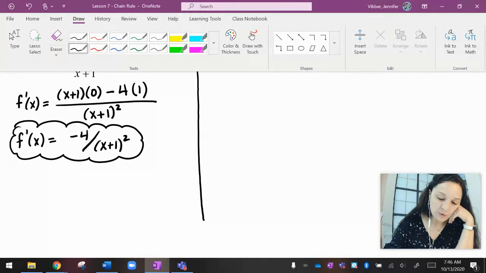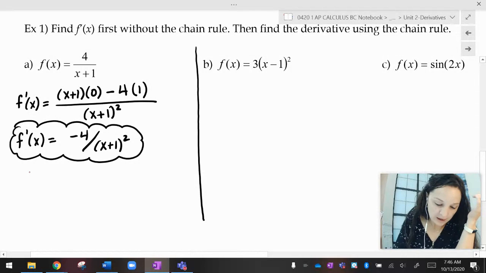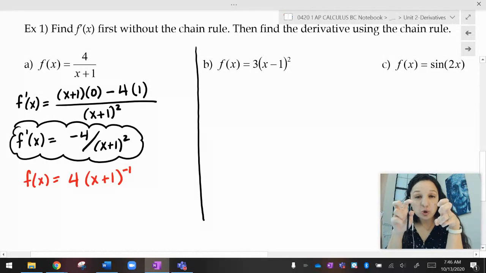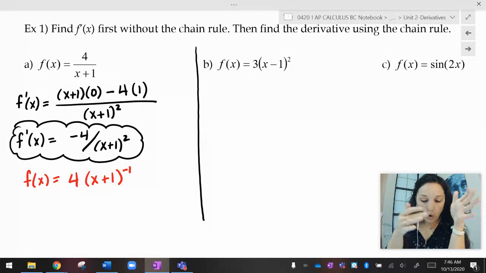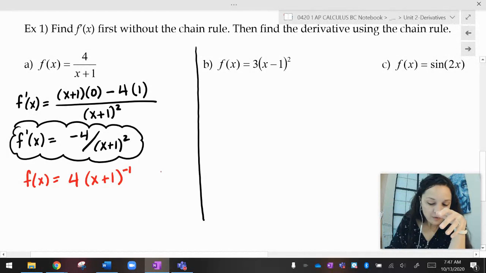If I want to do this with the chain rule, I need to be able to identify an outside and an inside. So I'm going to rewrite f of x as 4 times (x plus 1) to the negative 1. So my outside function is 4u to the negative 1, where u is x plus 1. You don't have to write this.